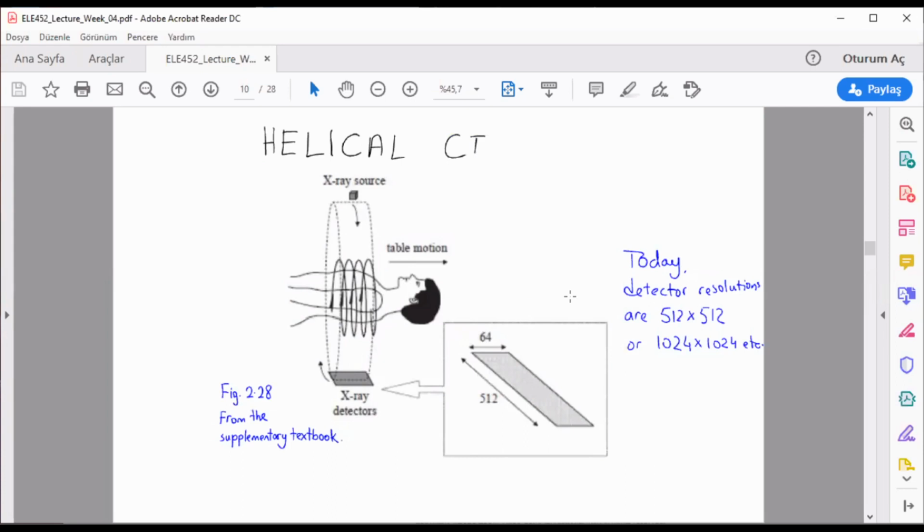Today, one more step was taken to obtain so-called helical computerized tomography systems. So not only 360 degrees or one revolution of data collection, rather a volumetric one. You see that's a kind of spiral movement, spiral, helical.